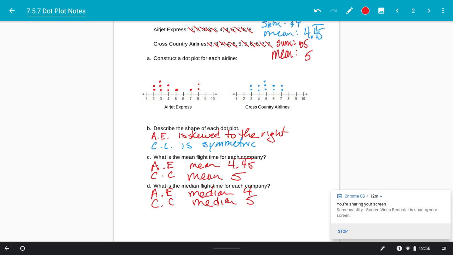If they wanted to talk about their average flight time, that would be fine because they're very symmetric. But for Airjet Express, if they wanted to talk about their usual flight times, they would probably want to use the median as a better representation of their data because it is skewed. Okay, so Airjet Express would say our median flight time is 4 hours, whereas cross-country would say our mean or average flight time is 5 hours.